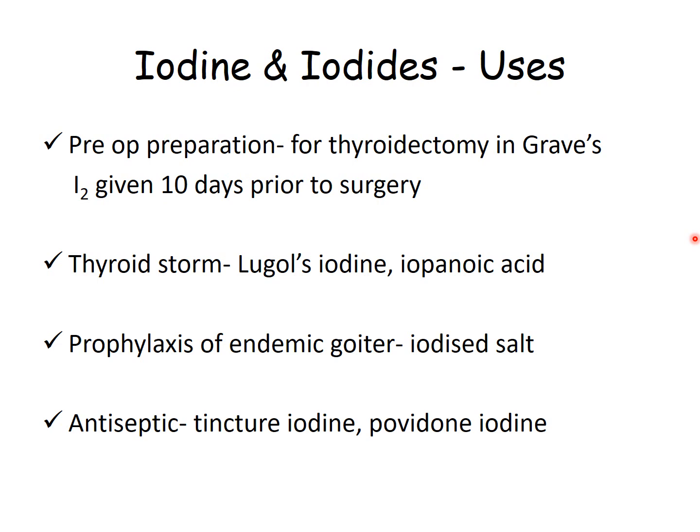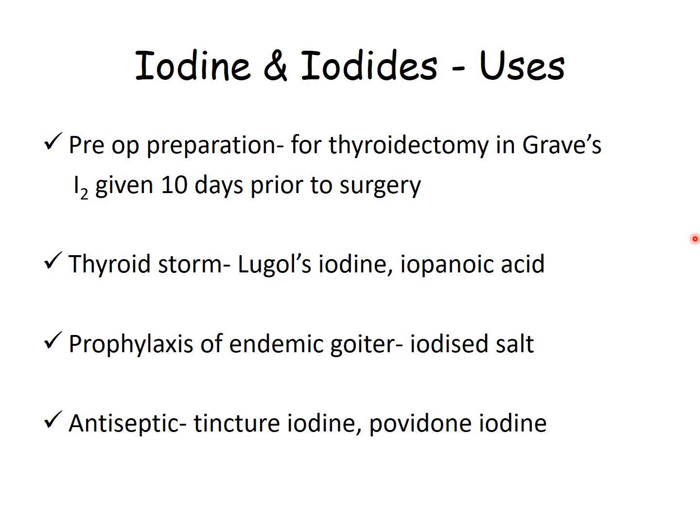And prophylaxis of endemic goiter: iodized salt. In the early days, around the 1960s, there were a large number of cases of goiter, or enlarged thyroid glands, in our society, especially in places at higher altitude. In the hilly areas, people would have goiter.